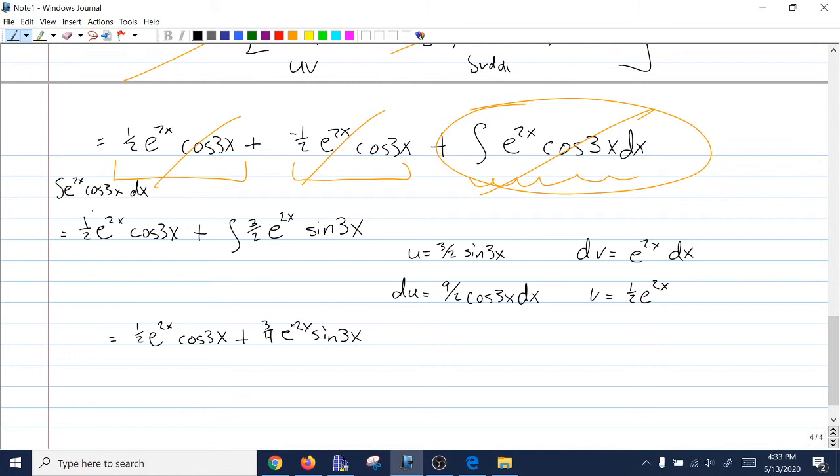I think it's prettier to put the e to the before the trig. Minus the integral of v du. V du is 1 half times 9 halves, which makes 9/4. I can pull that out of the integral: e to the 2x cosine 3x dx.